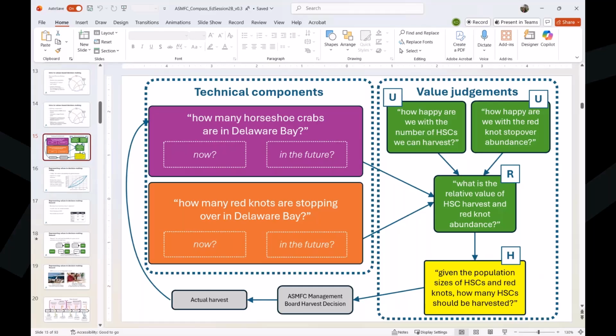I guess I could take a stab at that. The length of time to maturity of horseshoe crabs is taken into account in the simulation model, in that we look backwards 10 years for females and 9 years for males.